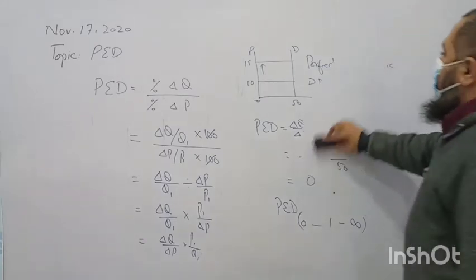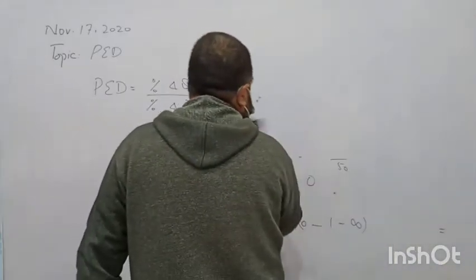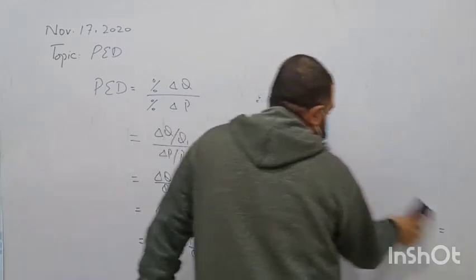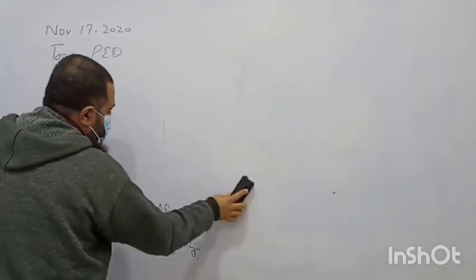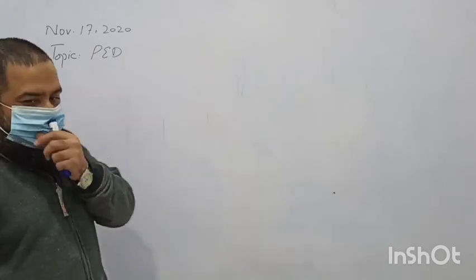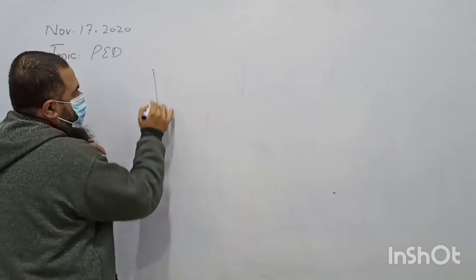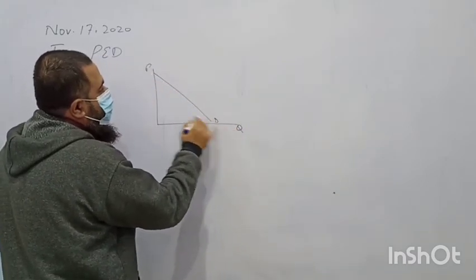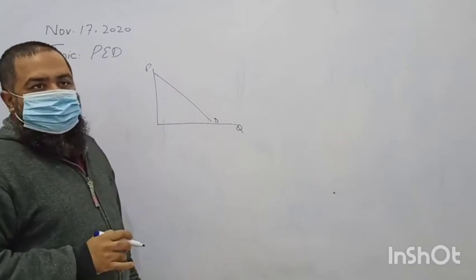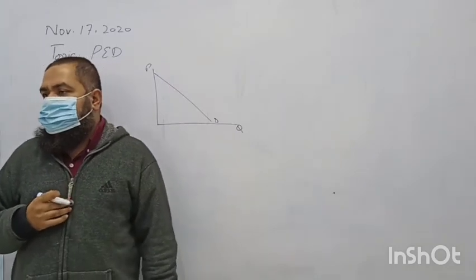Another demand curve that is called a rectangular hyperbola demand curve. We have 2 demand curves in our mind. This is a straight line demand curve. Its slope is constant.